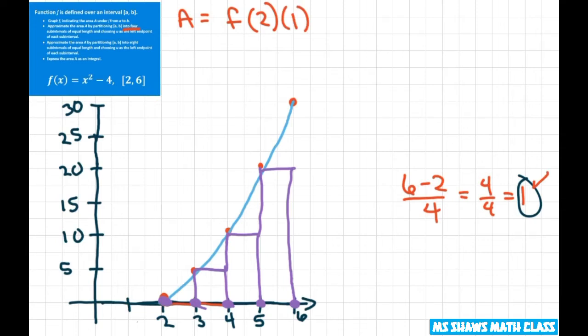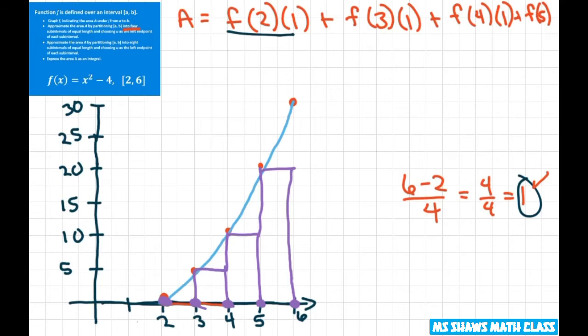All right, plus f of 3 times 1 plus f of 4 times 1 plus f of 5 times 1. So since we're just multiplying by 1, you just have to find f of 2.